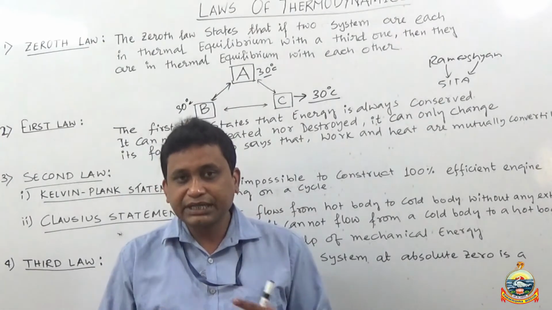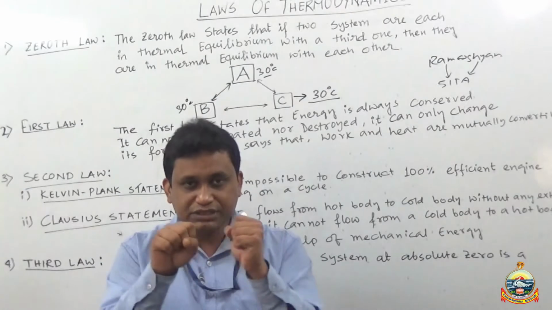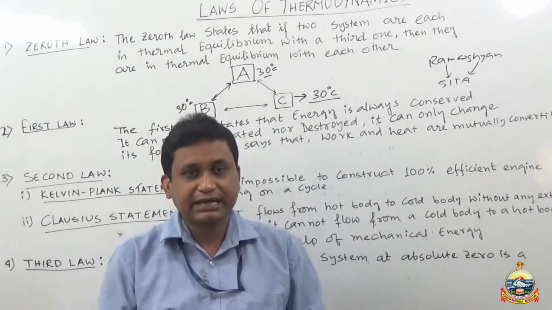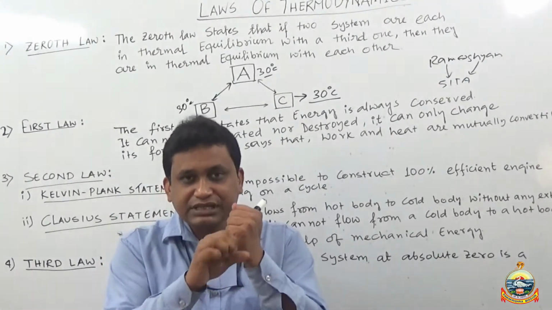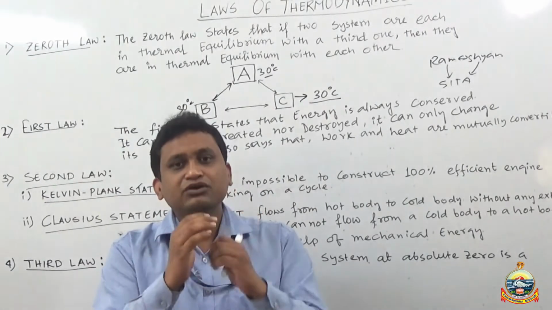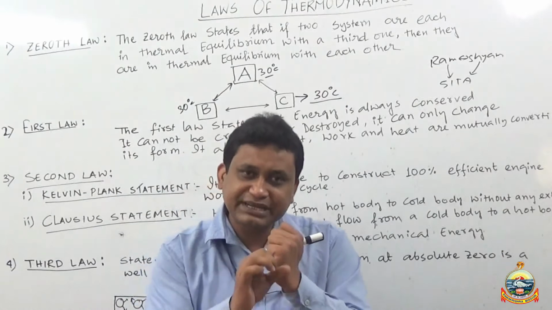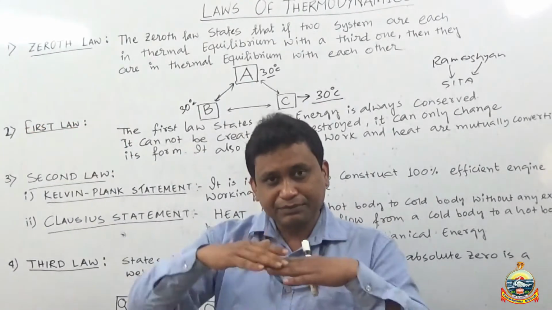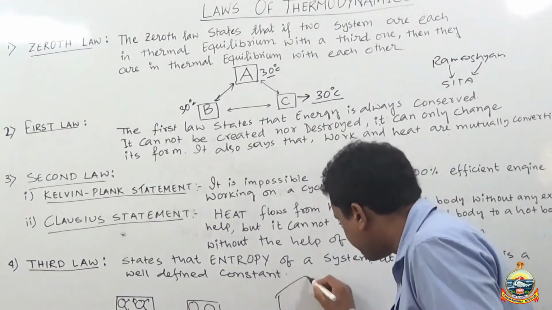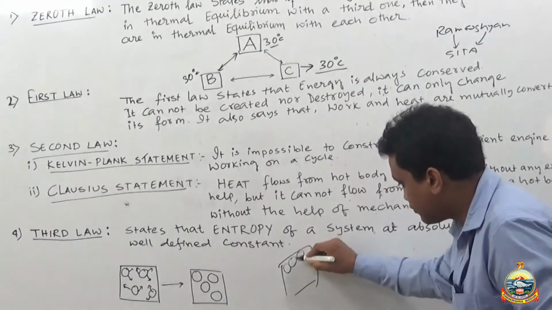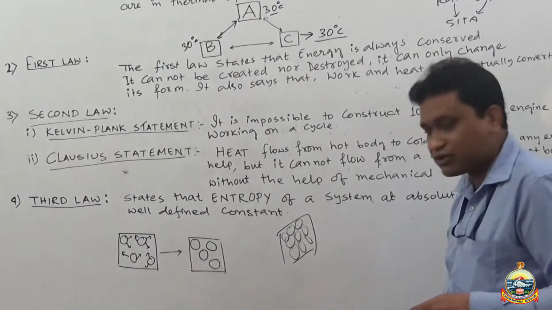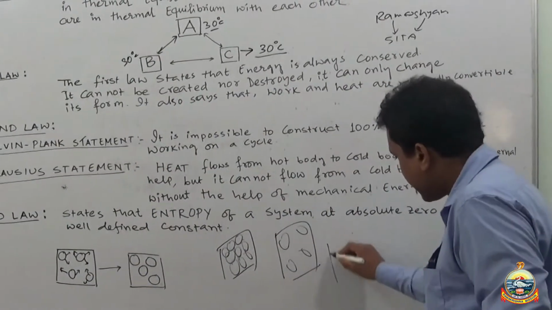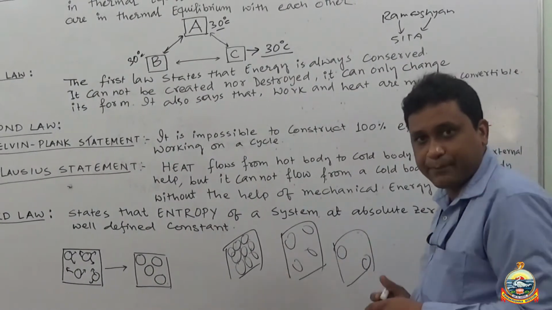We know that in a solid the molecules are closely packed, and the intermolecular forces are very strong. In a liquid, the intermolecular force is somewhat reduced and the molecules maintain some distance from each other. In a gas, the molecules run randomly, right? If I draw this picture, in a solid the molecules are closely packed, in a liquid the molecules are spaced, and in a gas the molecules are very much spaced apart, okay.